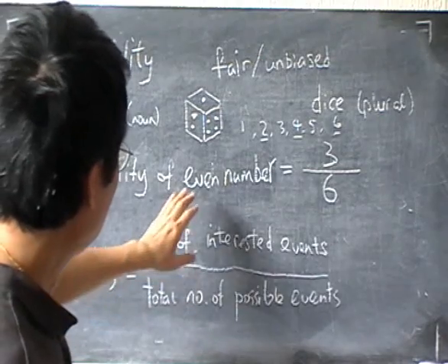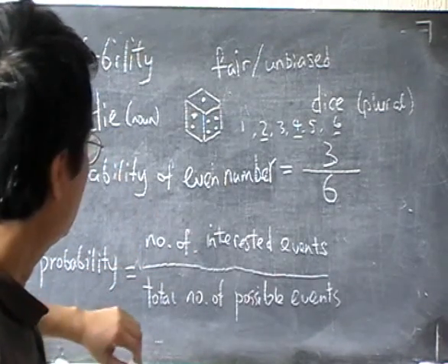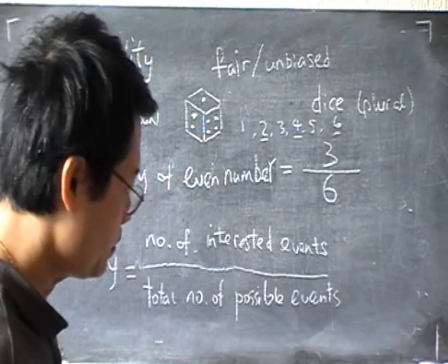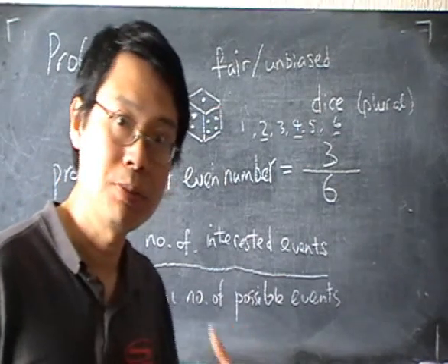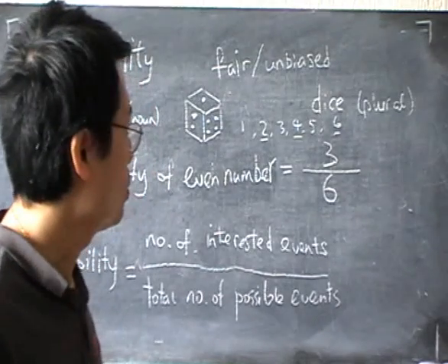For example, if I'm still looking at this die, now as the probability of an even number, sometimes we might actually be able to get the right answer without thinking.